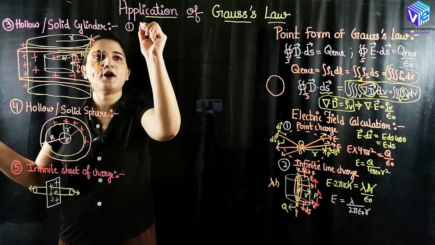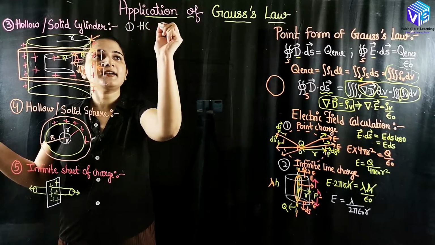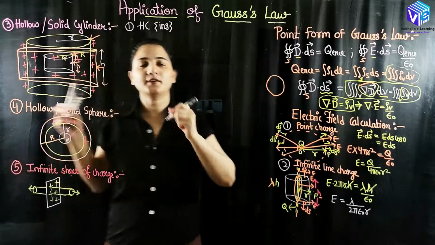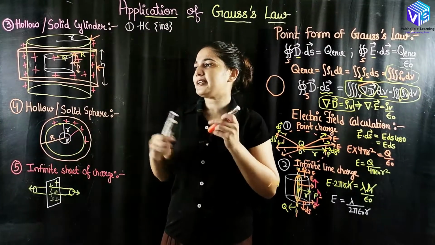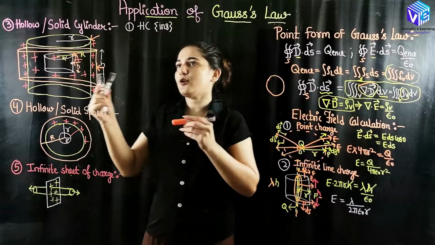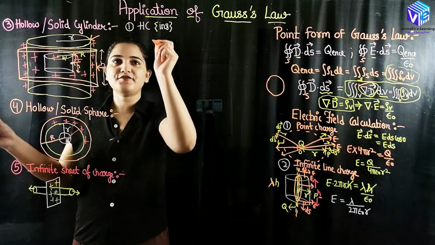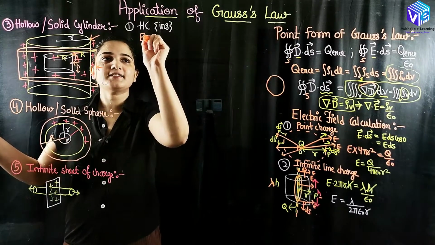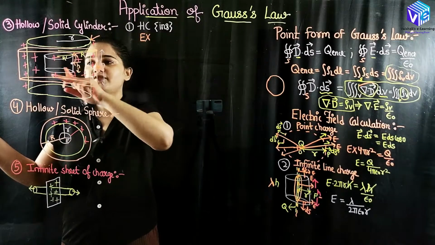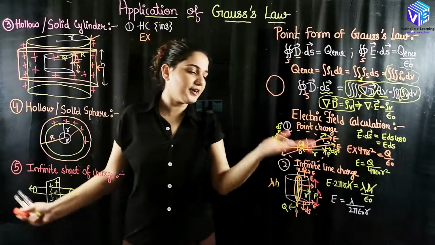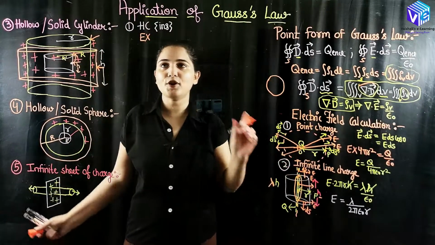Here I am talking about the hollow cylinder and I am taking the inside point. So the electric field is multiplied with the surface area of the inside Gaussian surface. I already know that the upward and downward surfaces will not be contributing.